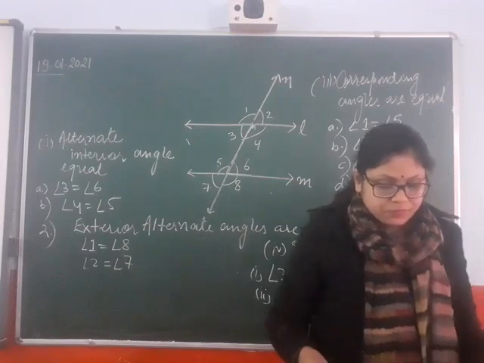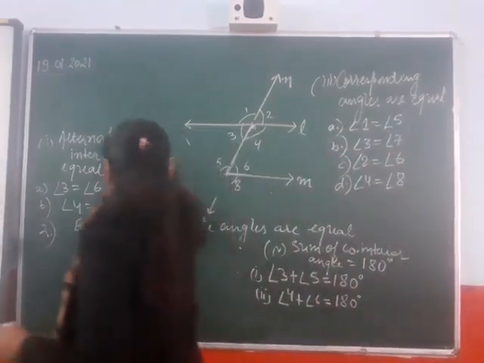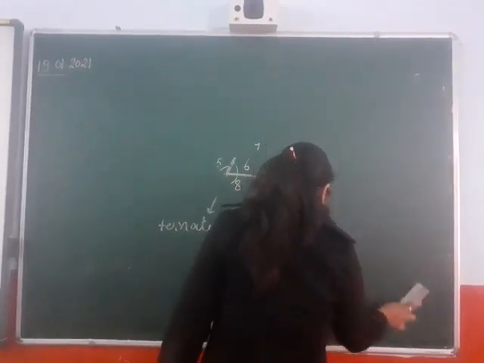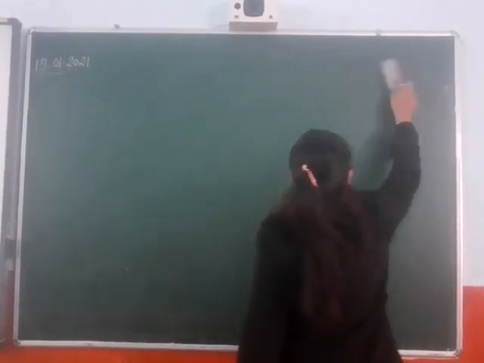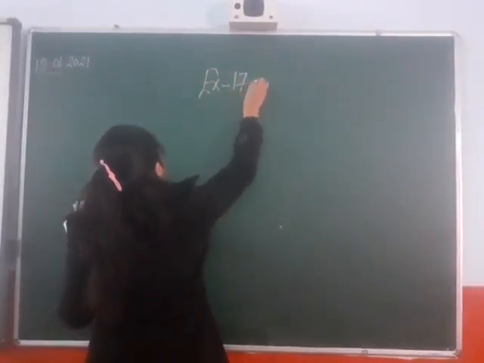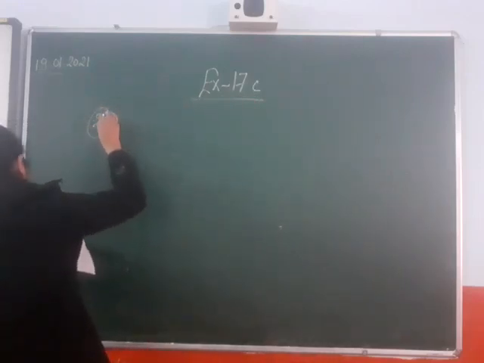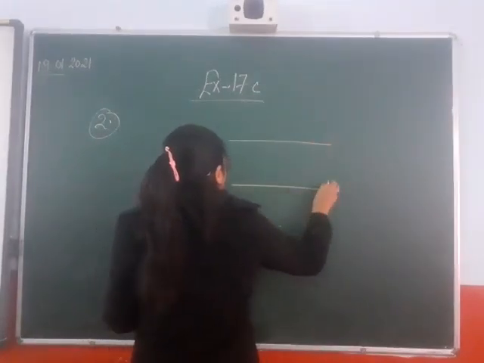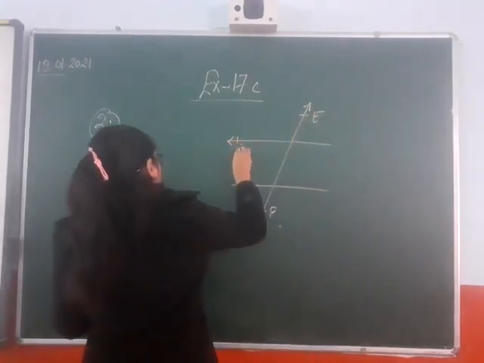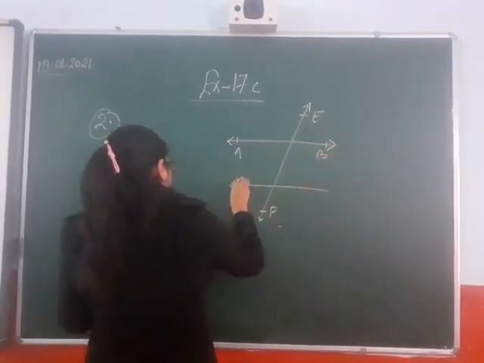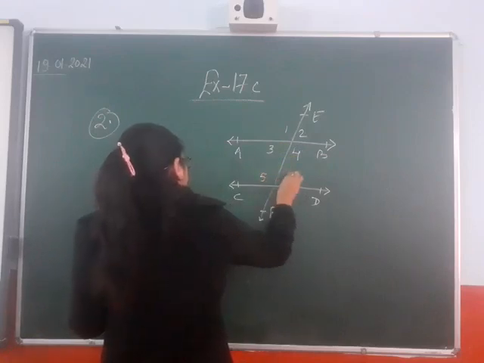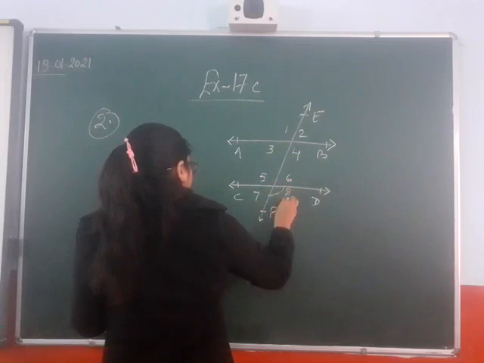Let us do the second question now. Come to the second question. This is the question. This is A and this is B. This is C and this is D. So 1, 2, this is 3, this is 4, this is 5, 6, 7, and this angle 8 is given as 110 degrees.